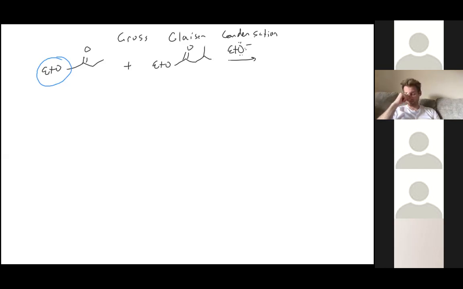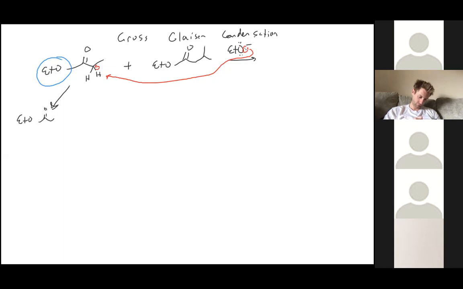So we have a bunch of different possibilities for this. Start by first pulling off the alpha proton of this ester on the left. There's two different products that can form.